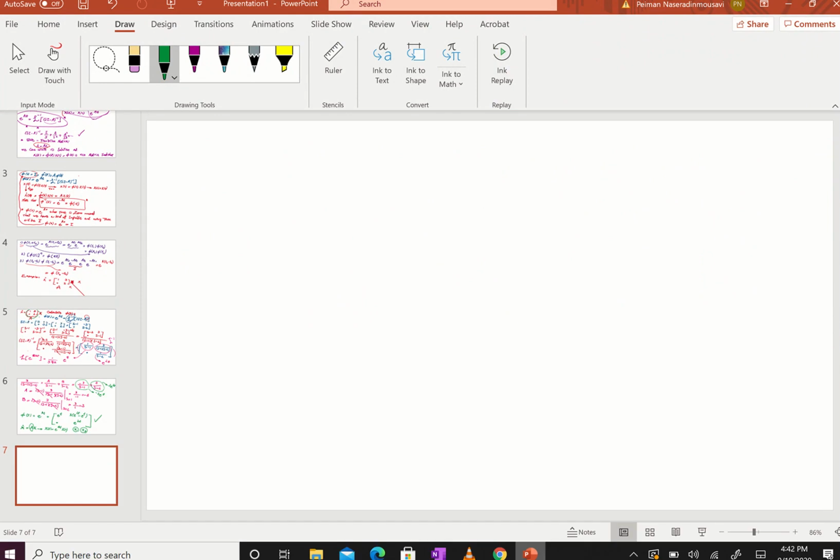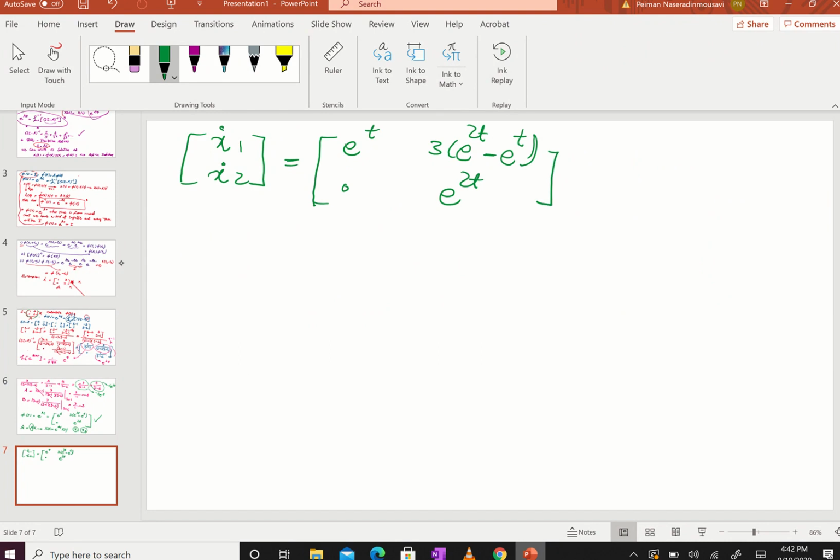On the other hand, you can say x1 dot and x2 dot, and the solution is e^t, 3e^(2t) minus e^t, 0, e^(2t), times the initial values x1 at time 0 and x2 at time 0.